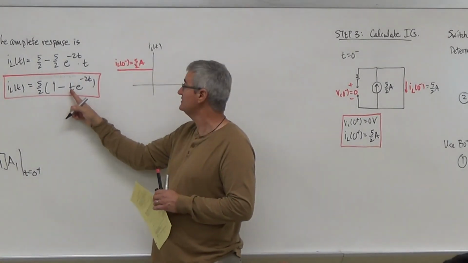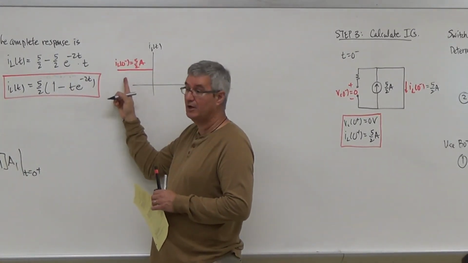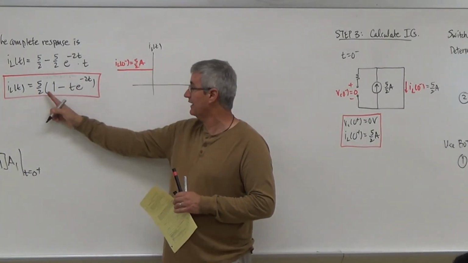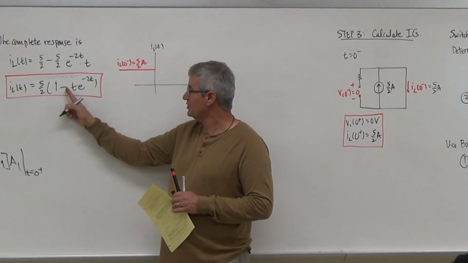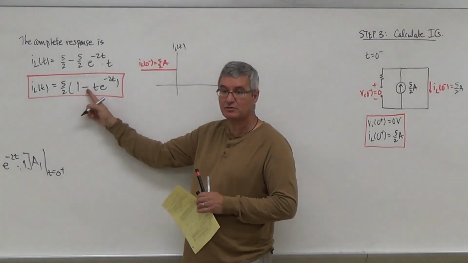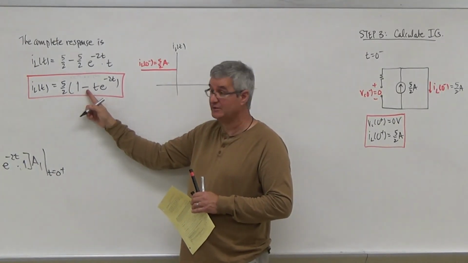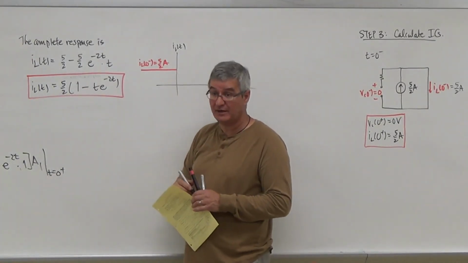Now, is this consistent with that initial condition? You can see that at t equal to 0, this term is dead, and then I get that. But now look at this driving term right here. This term is negative. As this thing increases, it increases in the negative direction.